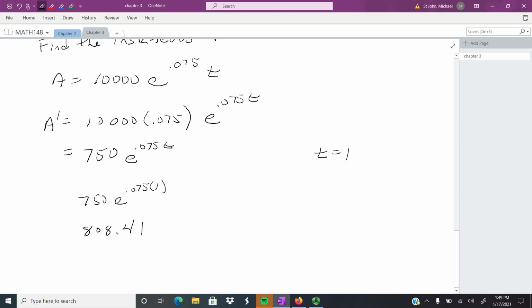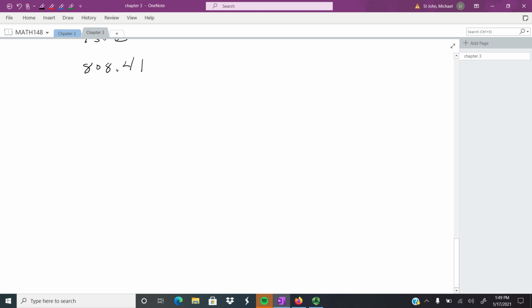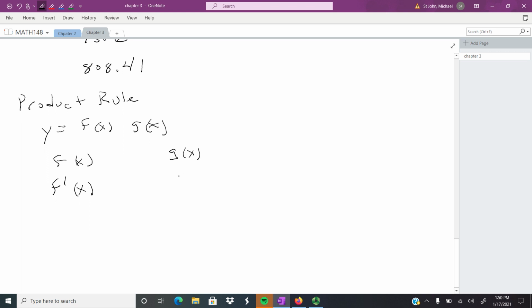Other rules you're going to see in this chapter are the product rule and quotient rule. So first off, product rule. If y is equal to f of x times g of x, then we're going to want to know what f of x is and the derivative of that part, and then we have our g of x and we want the derivative of that part.